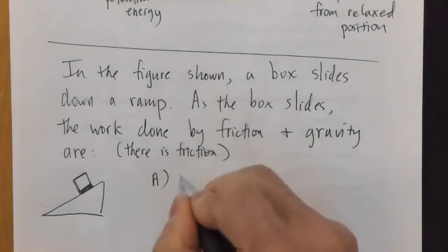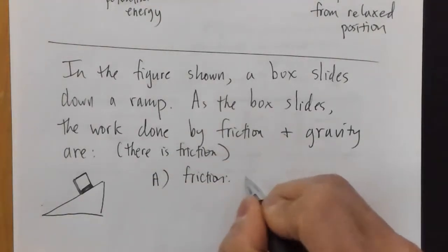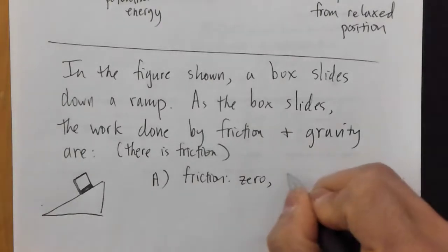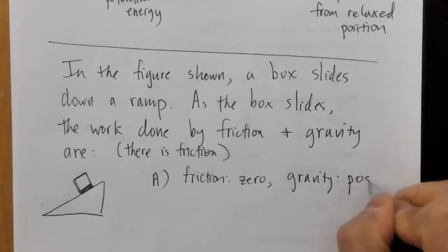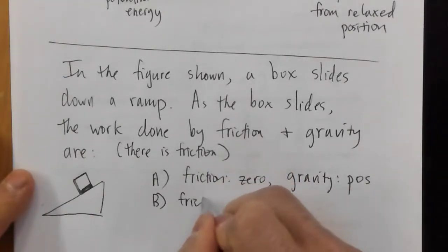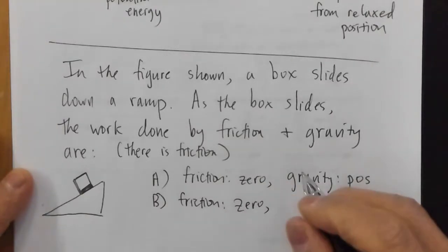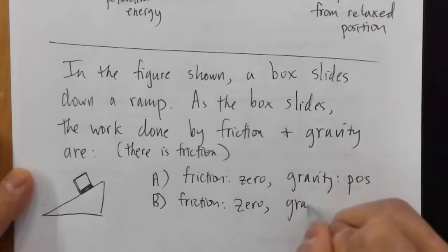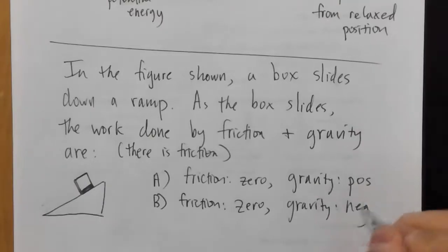Okay, and I should mention there is friction so that it's not trivially zero. And the choices are A is for friction 0, gravity positive. B is that for friction it's 0, and for gravity it's negative.